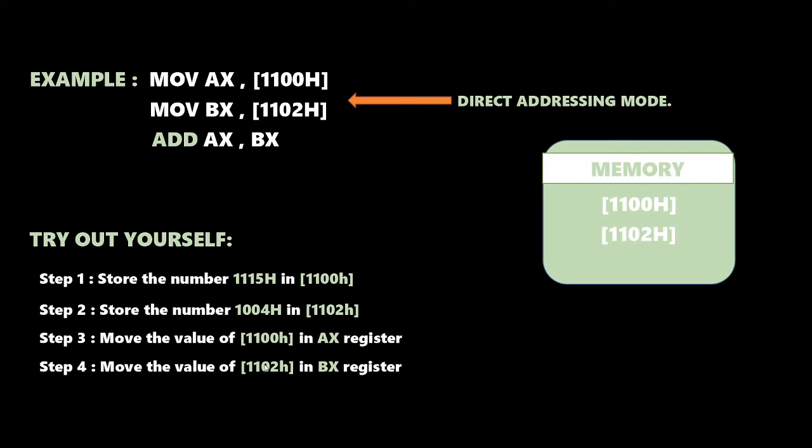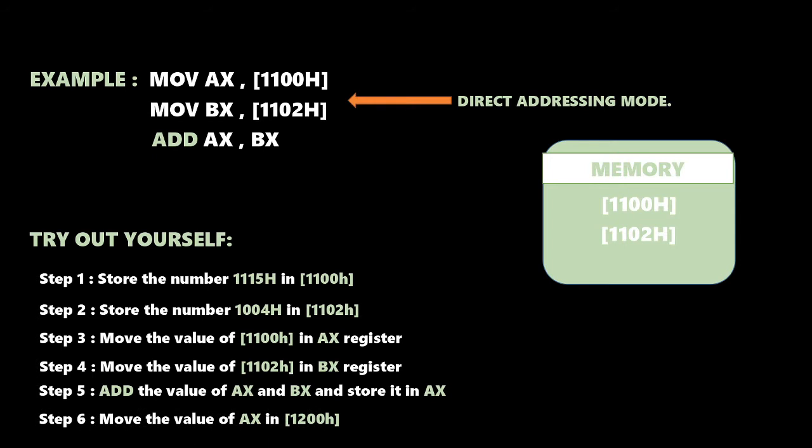Next step, move the value of this location, that is 1004H, in our BX register. Next step, add the value of AX and BX and store it in AX register. And the final step is move the value of AX register in this location in the memory.